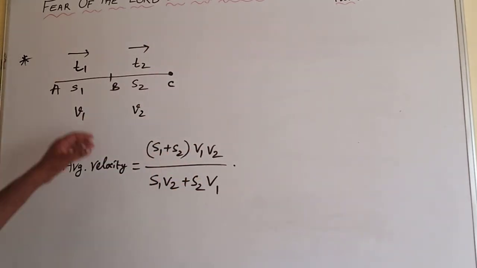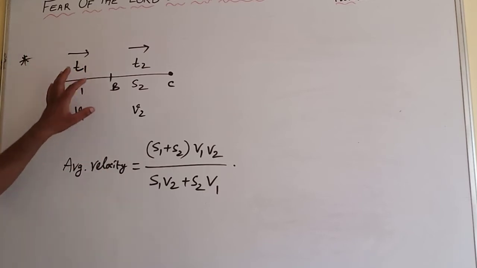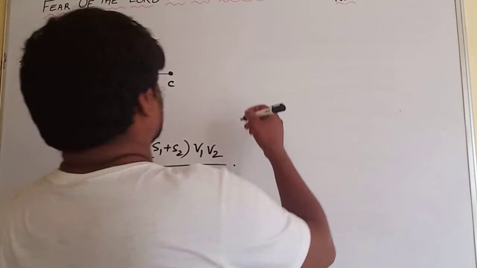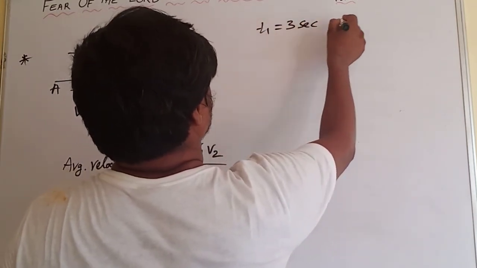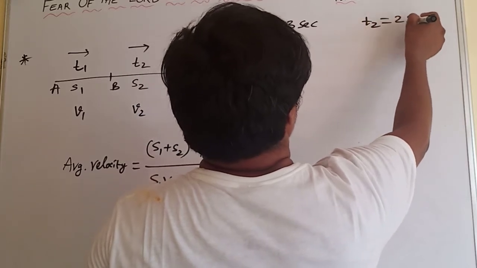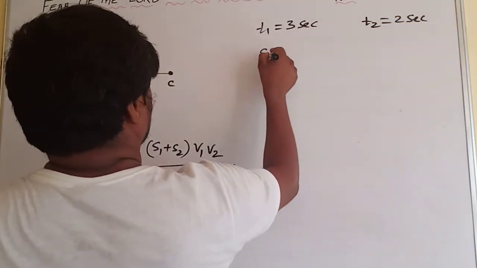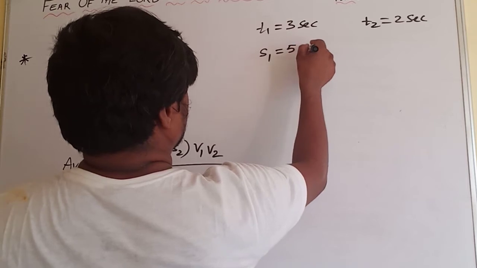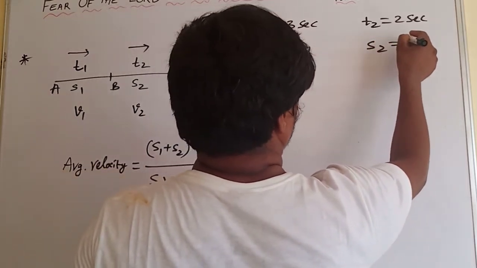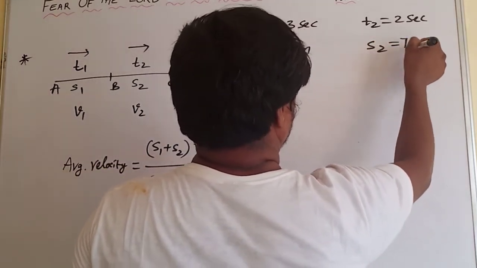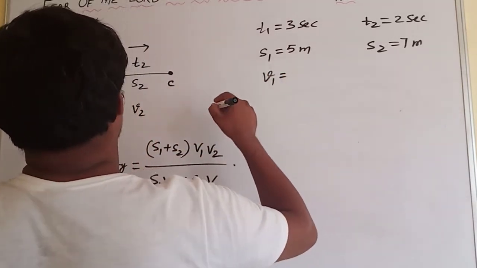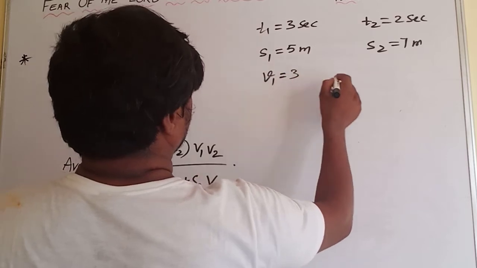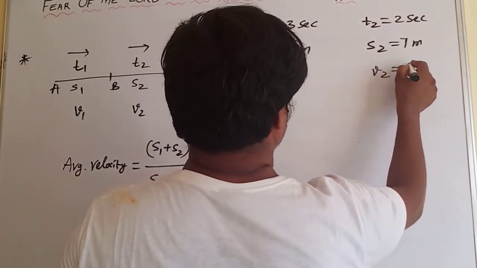This is a shortcut. For example, T1 is 3 seconds, T2 is 2 seconds, S1 is 5 meters, S2 is 7 meters, V1 is 3, and V2 is 4.